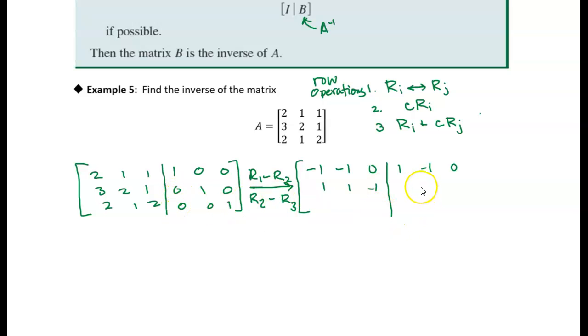Then 0 minus 0 is 0. 1 minus 0 is 1. And then 0 minus 1 is -1. And then I'll just leave this last row alone: 2, 1, 2, 0, 0, 1.